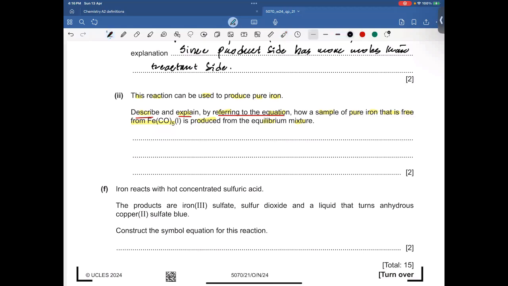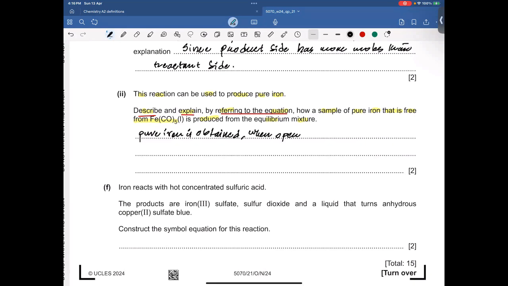So what we can write here: pure iron is obtained when an open container is used.